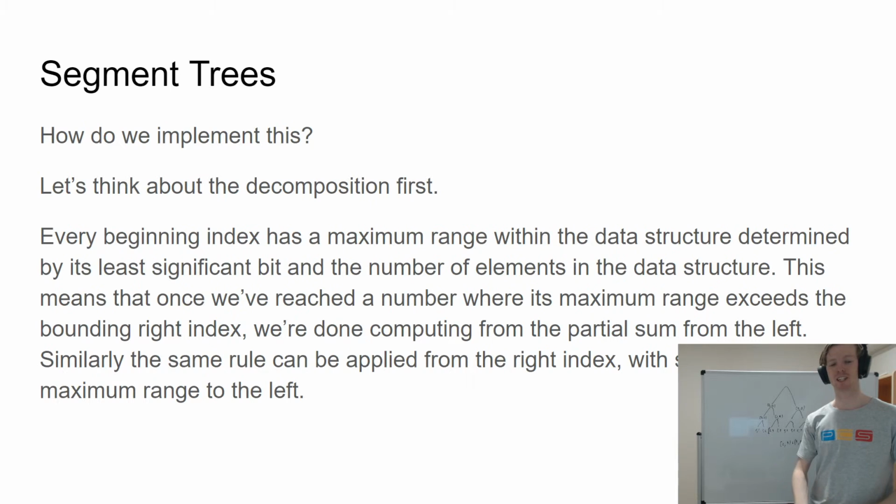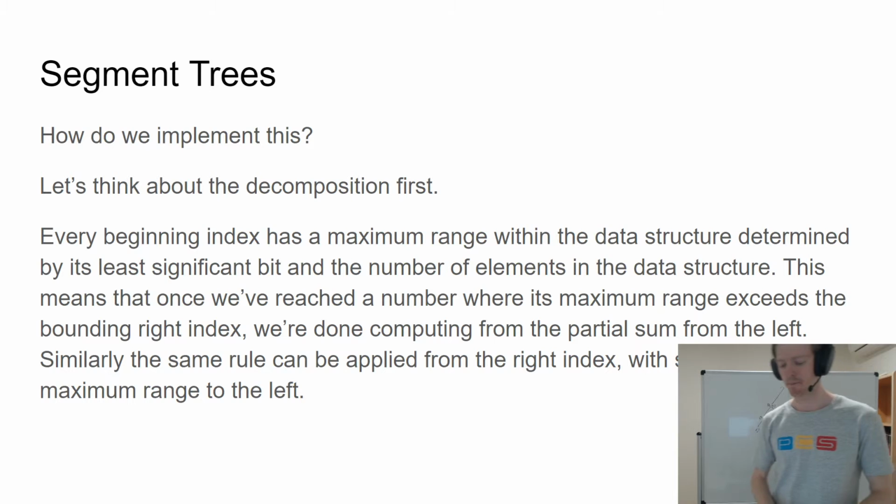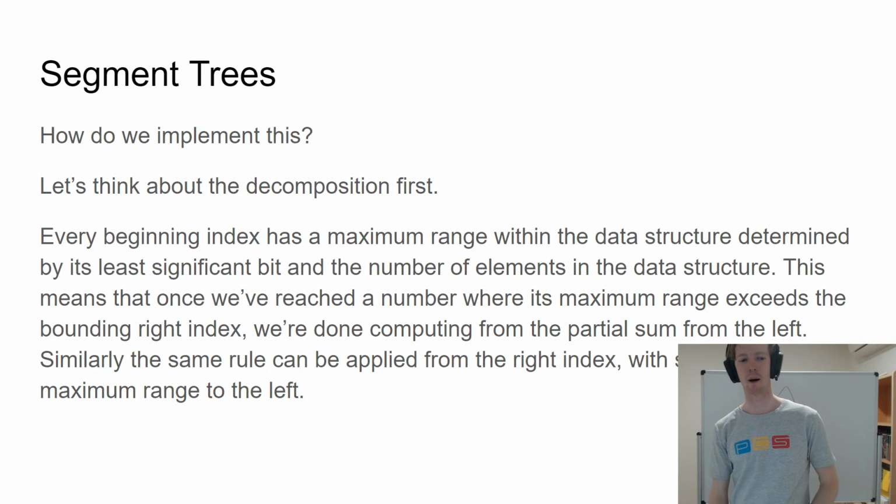And we know at that point that we've found our number with the largest least significant bit, which will be our peak in the partial sum. And similarly, we use the same rule from the right to do that other part of the sum. And so if we save the results for each of those values, then suddenly we have our final computed answer.